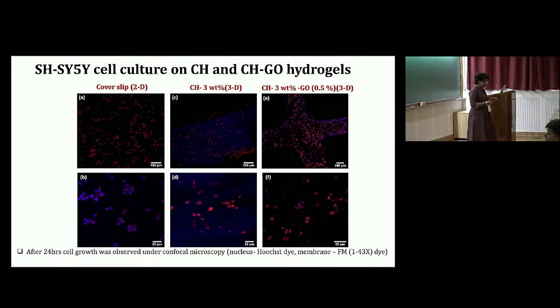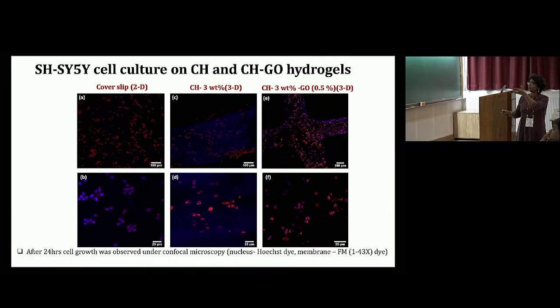And finally, since this was our first exposure to printing and doing these experiments with a printed structure, we took these printed structures to do the cell culture studies. So here is the 3D cell culture study; this is just the cover slip.